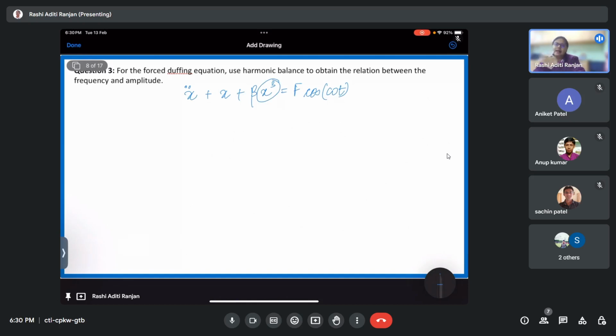I can consider x square only also. I can consider x to the power 5 also. It depends. But for now I have considered x cube for easy computation. Now I'll consider the solution. So how is the system going to behave?